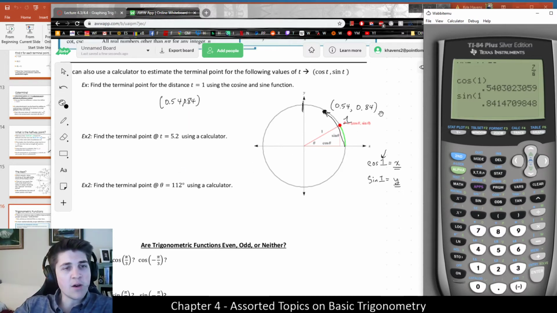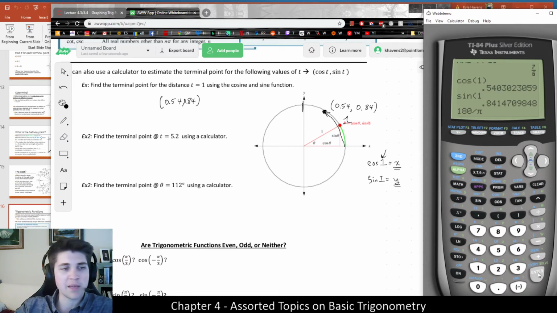Also, for understanding location, another thing that's helpful is converting radians to degrees. So if I know 1 radian is equal to, if I multiply by pi over 180, sorry, I need to multiply by 180 over pi to convert from radians to degrees. It's very easy to mix up which way to multiply by.